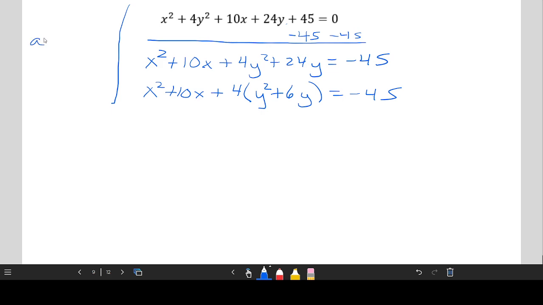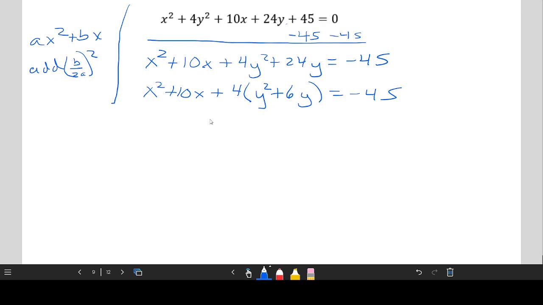We said that if these are your terms, a is the coefficient on the squared term, b is the coefficient on the linear term. Then we said we need to add b over 2a squared in order to make this factor as x minus something squared.